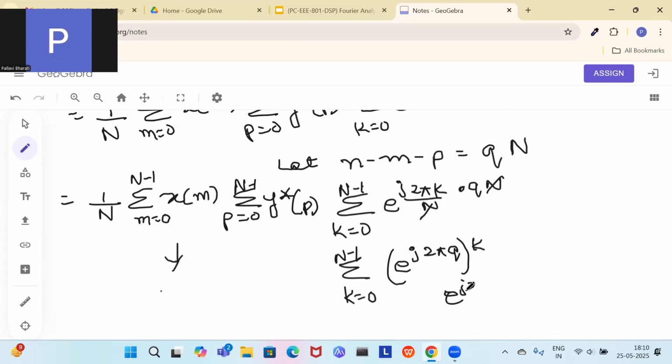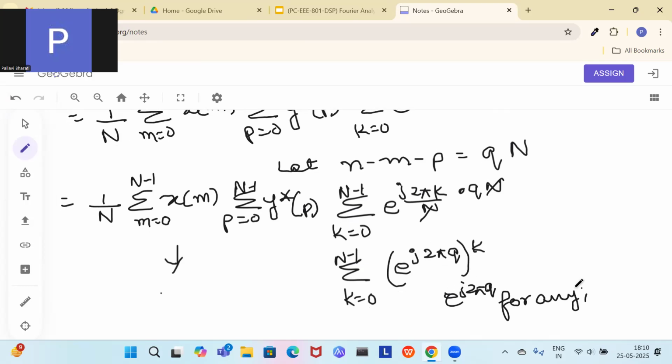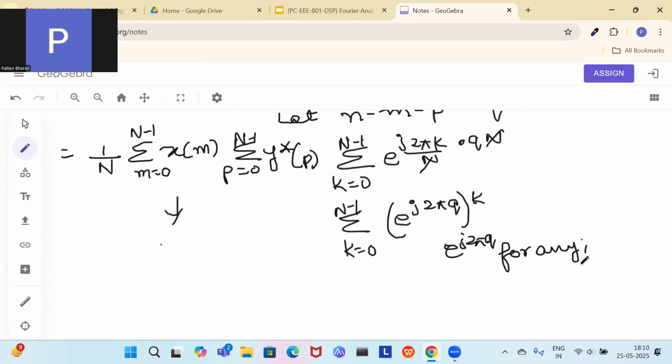So e to the power j 2 pi q for any integral value of q. We know that q is an integer, so for integral value of q, e to the power j 2 pi q is equal to 1.